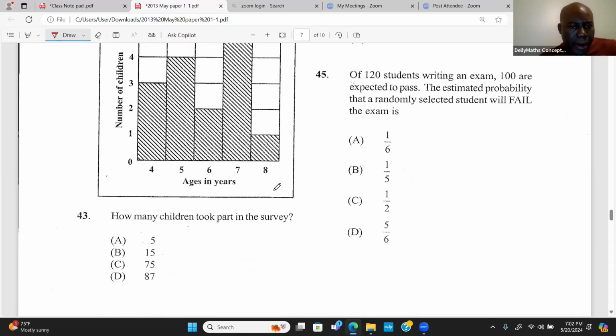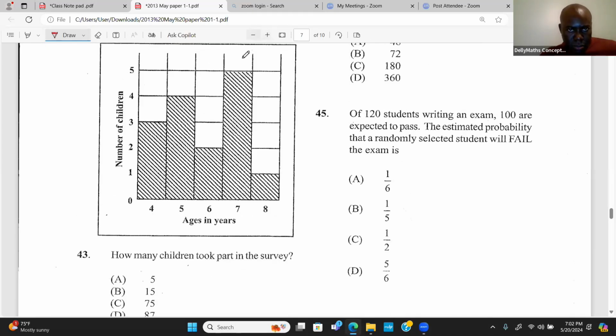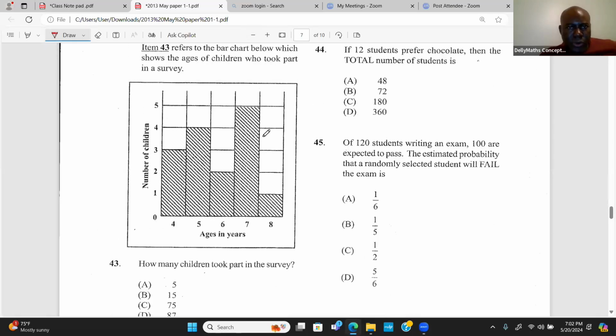How many children took part in the survey? All right, so take a look at this. We're dealing with the age. So the age is along here, and this is the number of children. So at age 4, there are 3 of them. Age 5, there are 4, and so on. So if they want to know how many children are in the survey, you're going to be adding up these numbers: 3 plus 4 plus 2 plus 5 plus 1.